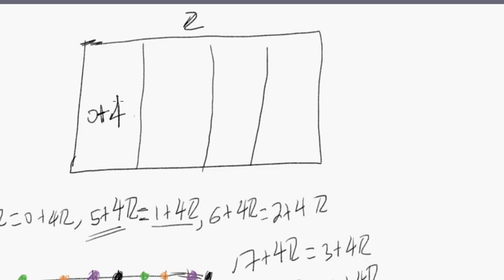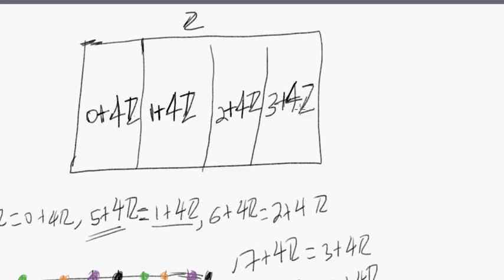So now we have 0 plus 4z, right? If we got all the elements of 0 plus 4z and put them in this box, and got all elements of 1 plus 4z and put them in this box, and got elements of 2 plus 4z and put them in this box, and got elements of 3 plus 4z and put them in this box, we would have actually covered the entire set of integers.